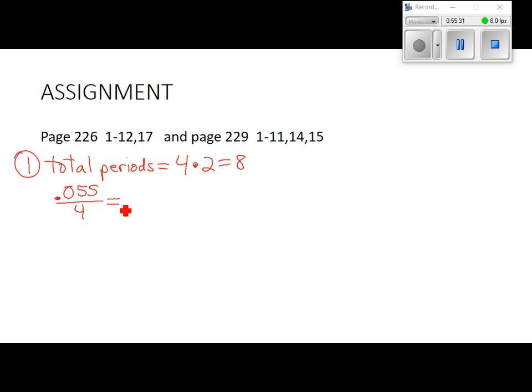Somebody do that for us. Actually, we didn't have to change it to 0.055 because the chart leaves it as a percent. It's 0.01375, which is 1.375%.